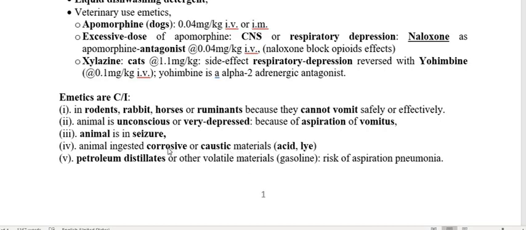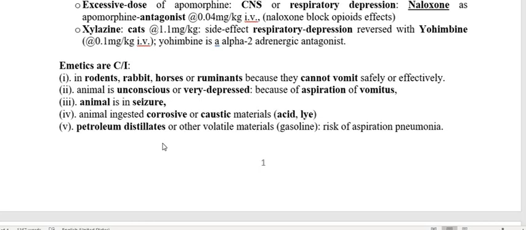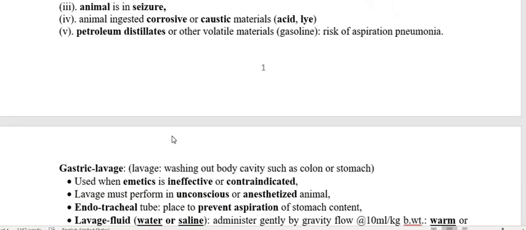These corrosive materials will come up through the vomit to the mouth, and will corrode or produce caustic injury of the whole GI tract up to the mouth. So we are not going to give emetics to animals poisoned by corrosive or caustic substances. Also we should not give them in case of petroleum distillate.